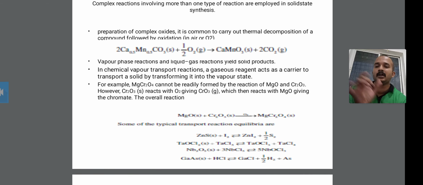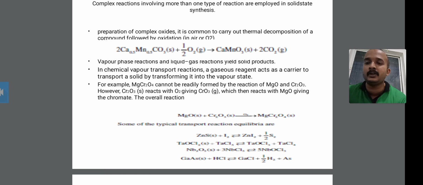Then the next point: in the chemical vapor transport reaction, a gaseous reagent acts as a carrier to transport the solid by transforming it into the vapor state. Sometimes different types of gaseous reagent are used as a carrier of transport.